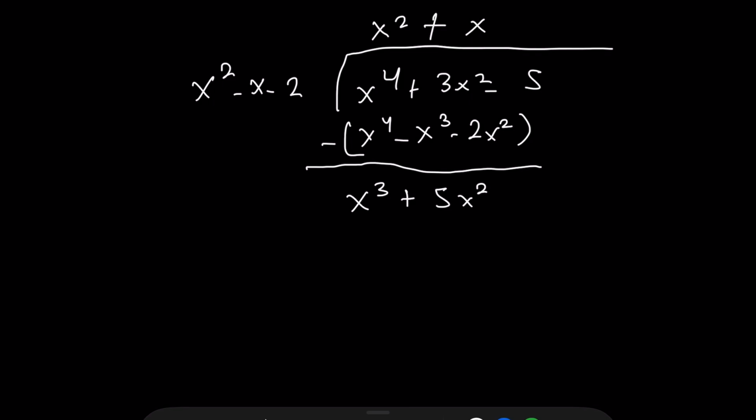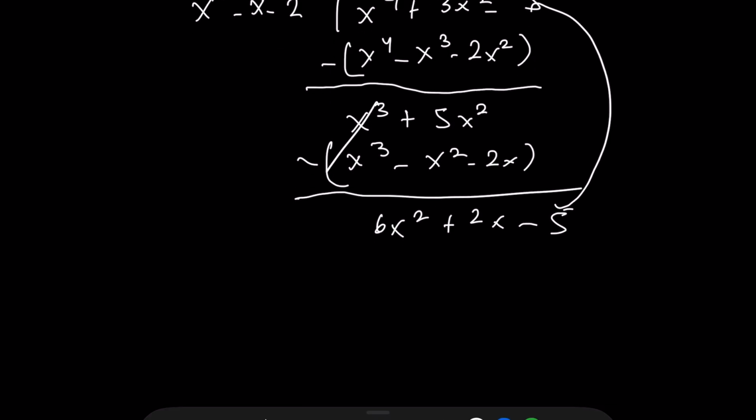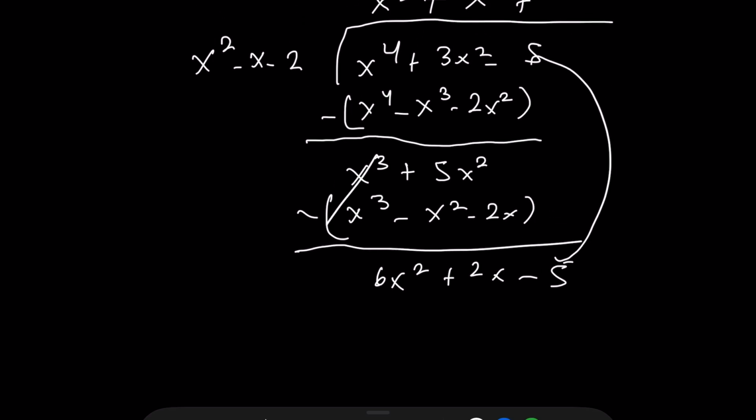Oh, wait, sorry, how many times does x squared go into x cubed? x times. And then we just do it one more time. How many times does x squared go into 6? 6 times.